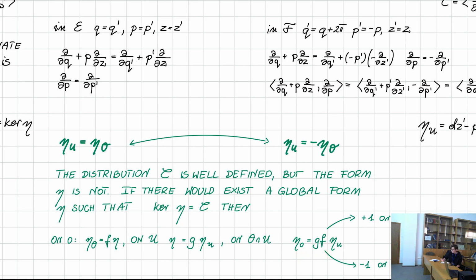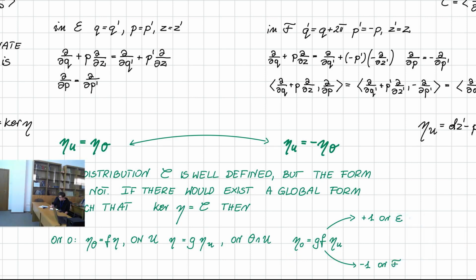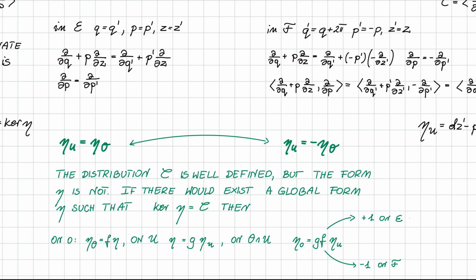Then when we take it on the intersection, those two local forms should be connected with each other, should translate to each other with, again, a function which is a product of the previous functions and is non-vanishing. However, we know how those forms eta_O and eta_U are related: they are related by a minus sign over the green piece of the intersection, which means that this function should be positive in some places, negative in some other places, and all over it should be continuous.